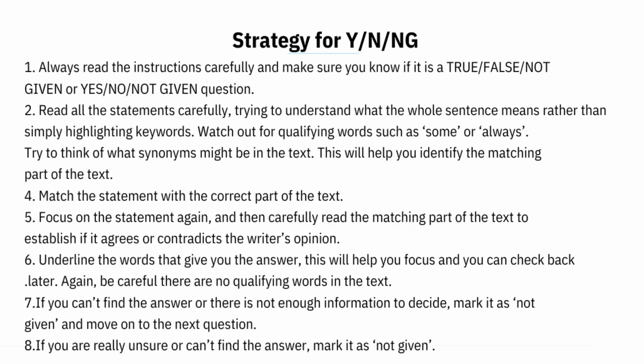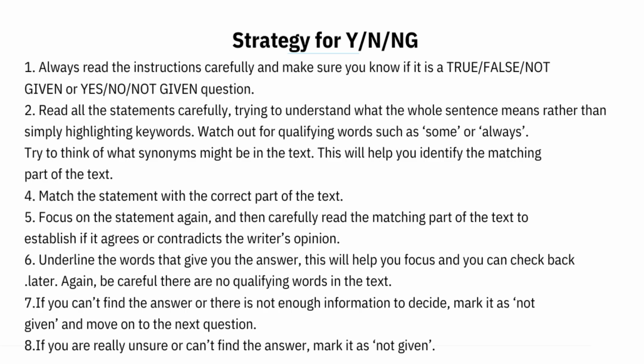Watch out for qualifying words such as some and always. So, we should understand the question first without only concentrating on those keywords. We should understand what the statement as a whole means. Be careful with distractors like some and always, because they can change the entire meaning of the sentence.